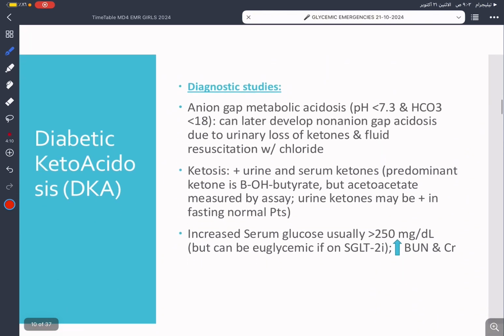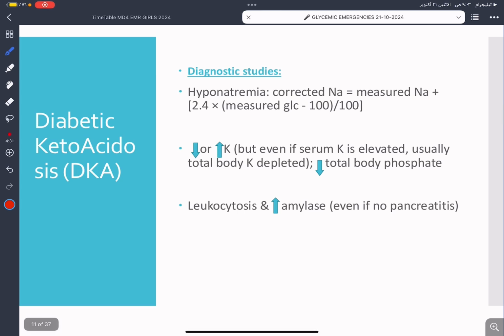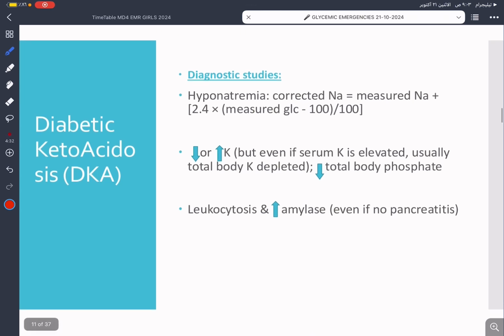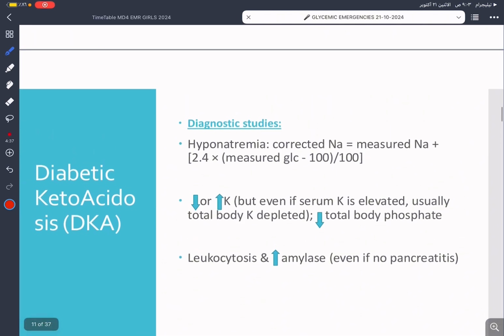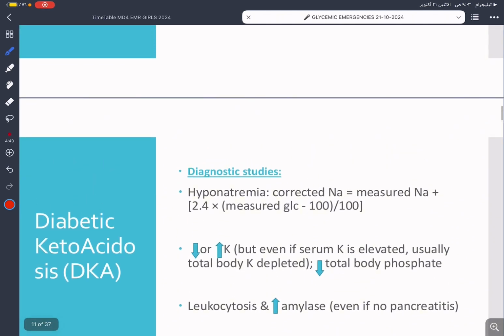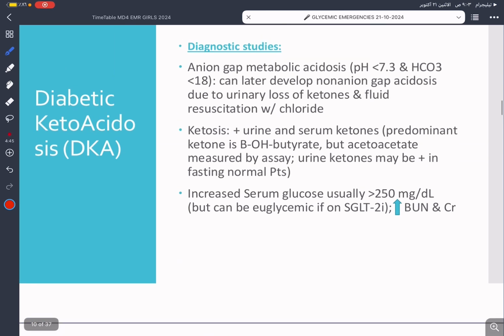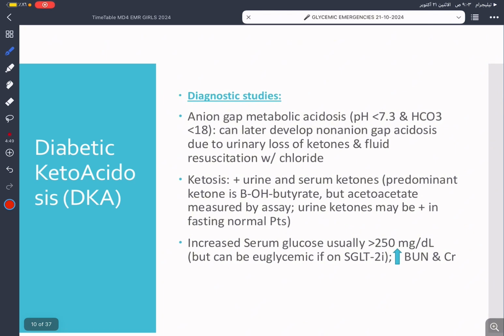So how do we diagnose DKA? We said first check the blood sugar, which should be more than 250. Then you should check the blood gas and urine or serum for ketones. What is this SGLT2 I wrote here? Have you seen it before? It is the sodium-glucose transporter 2 medication, used in the treatment of type 2 diabetes.